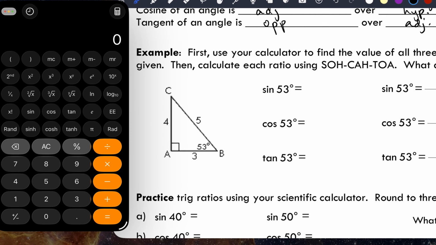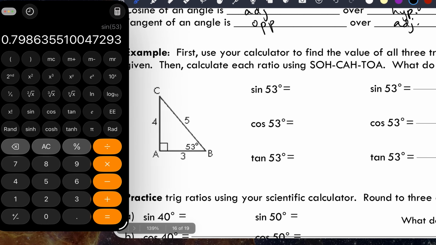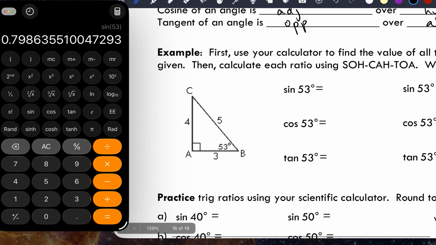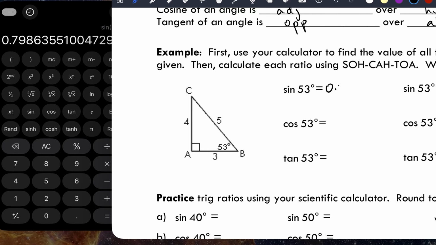You should get the same answer as I do when I hit sine 53 and you hit equals, and you get your ratio. So sine of 53 on the calculator is 0.7986. I'm going to just take 4 decimal places for this one.